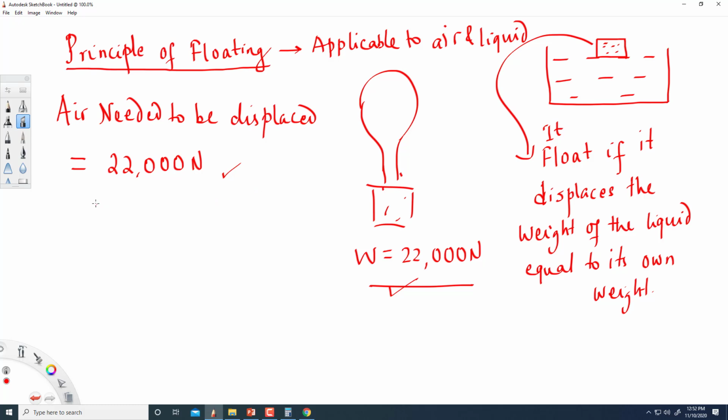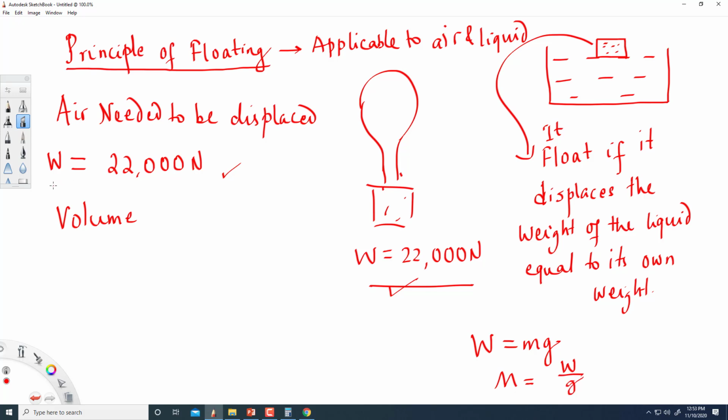We want to find volume. This is the weight. With weight you can also find the mass, because we know weight is mass times g. So mass of the air would be, doing a little bit of rearranging here, weight over g.